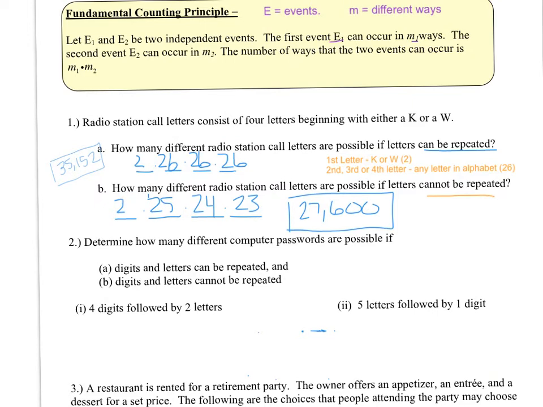Okay, so number 2, I'm going to do letter A with you guys, the first example, and then you guys are going to do the second example. It says determine how many different computer passwords are possible if A, the digits and letters can be repeated, and B, if the digits and letters can't be repeated. First we need to know how many letters and digits are possible to choose from. There are 26 letters in the alphabet, but what about your digits?